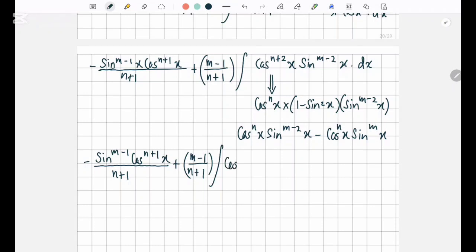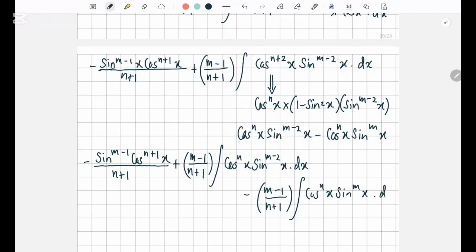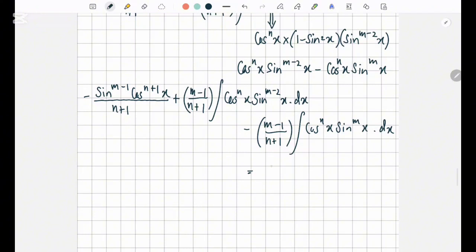So cos x to the power n into sine x to the power m minus 2 minus m minus 1 over n plus 1 into cos x to the power n sine x to the power m. Now this equals cos x to the power n into sine x to the power m, right? So this whole thing right here equals to this.